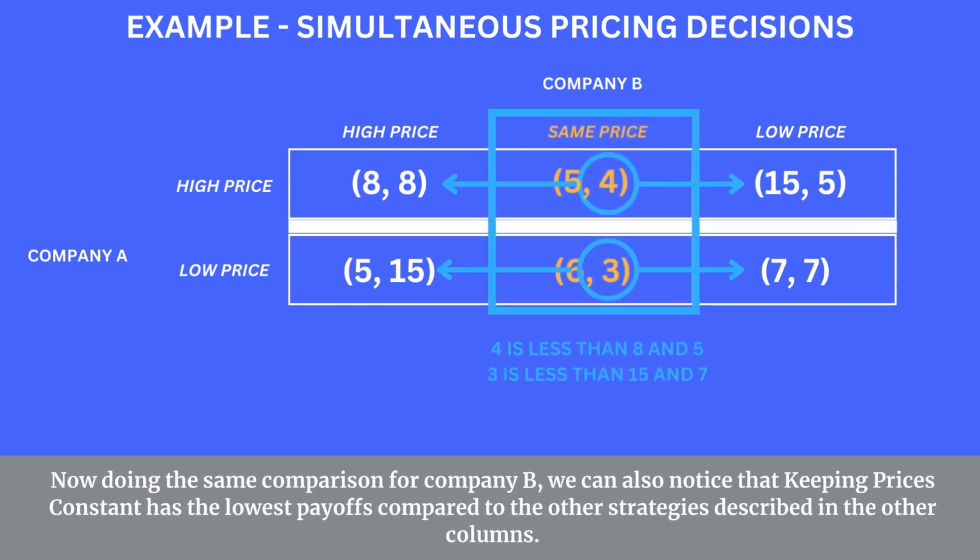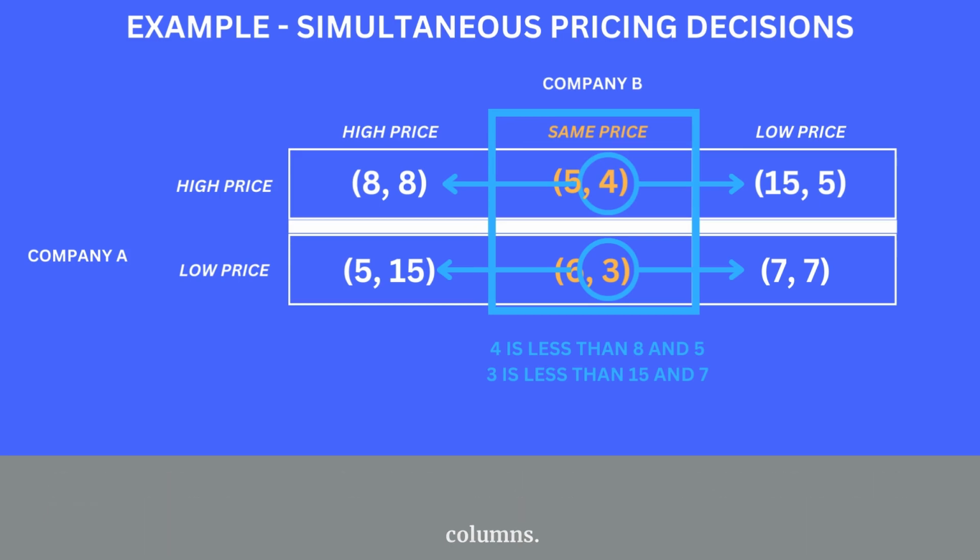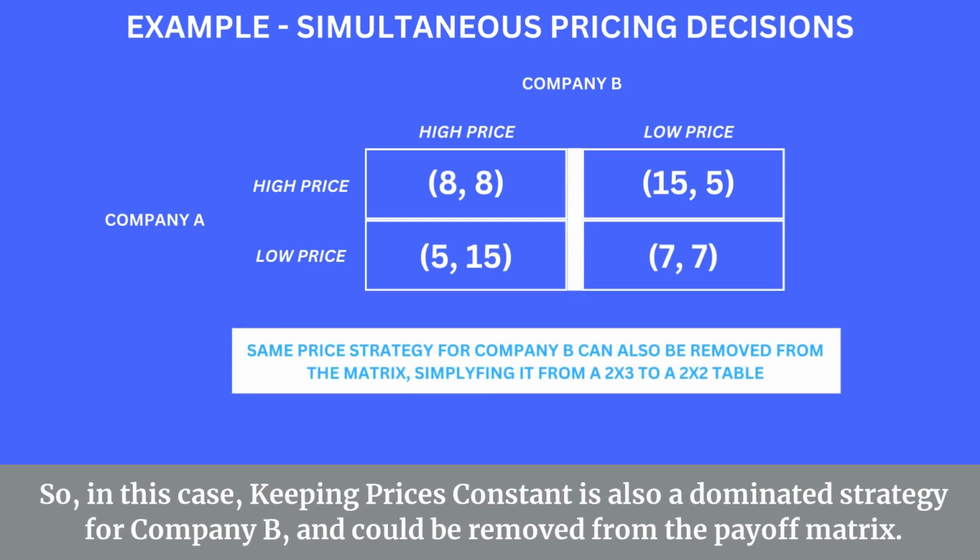Now doing the same comparison for Company B, we can also notice that keeping prices constant has the lowest payoffs compared to the other strategies described in the other columns. So, in this case, keeping prices constant is also a dominated strategy for Company B, and could be removed from the payoff matrix.